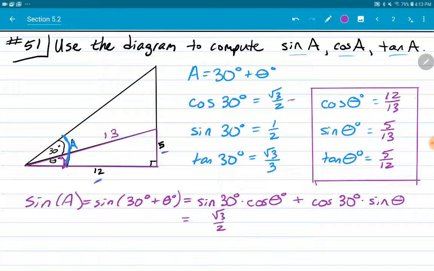Cosine of theta, I have my list right here, and that is 12 over 13.